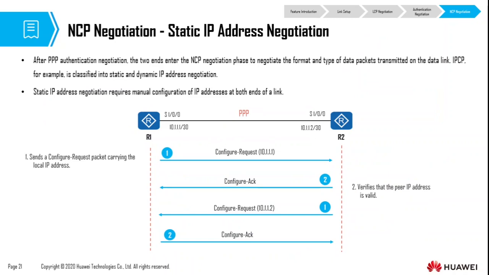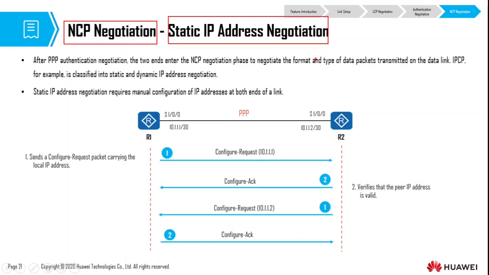Okay, so now after the authentication is done, the last process is what we call NCP negotiation. Now, NCP negotiation can happen in one of two ways. We have what we call static IP address negotiation, and we have what we call dynamic IP address negotiation.